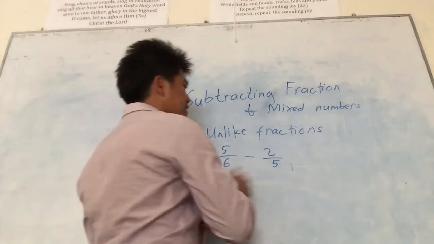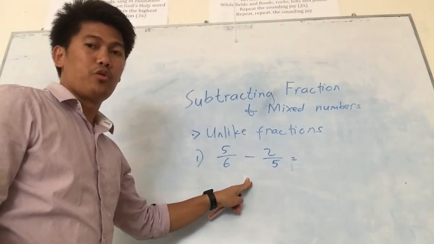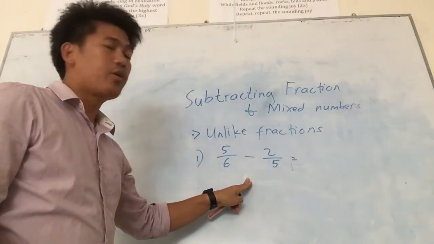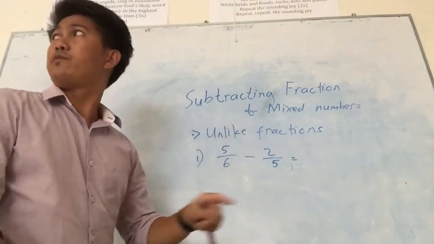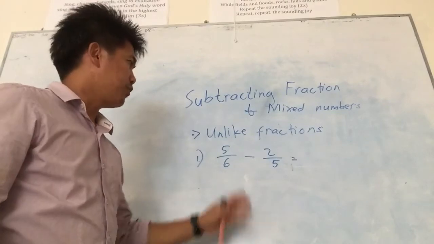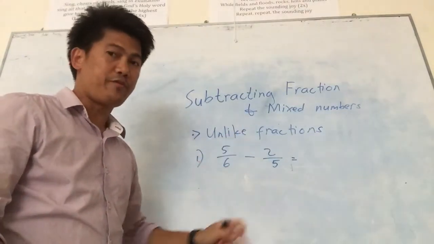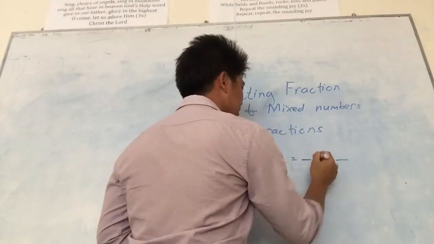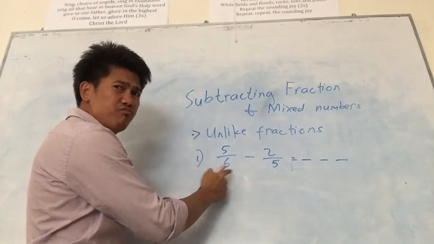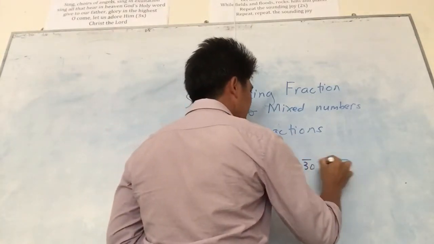You see, 6 and 5 is not the same. So just like what you did in addition, if it's an unlike fraction, you have to find the LCD. So find the LCD also of 5/6 and 2 fifths, which is, LCD of 5 and 6, go directly, that's 30, right? 30.